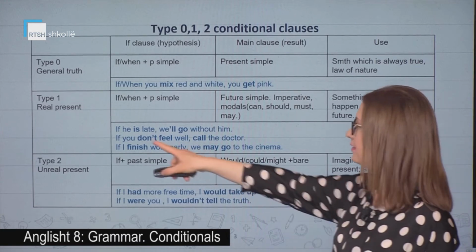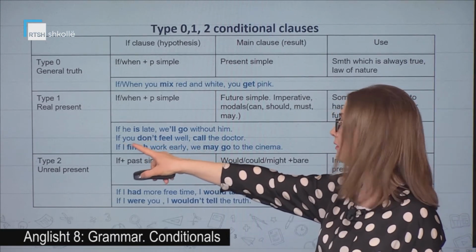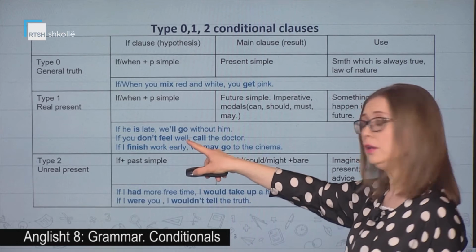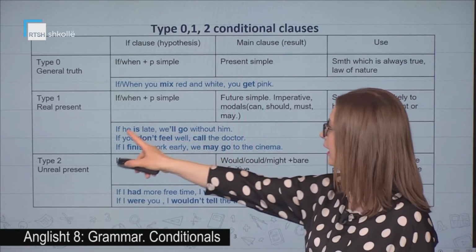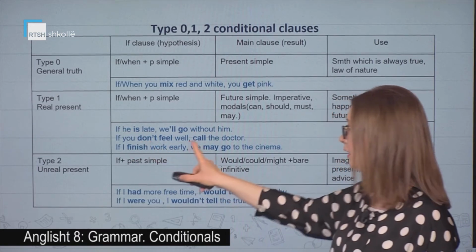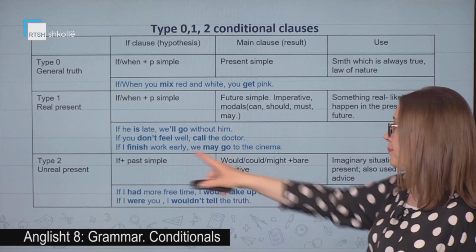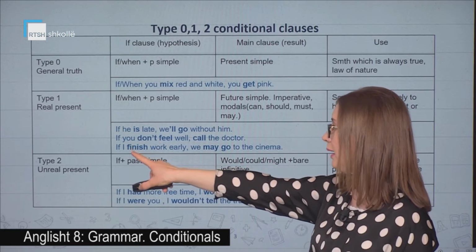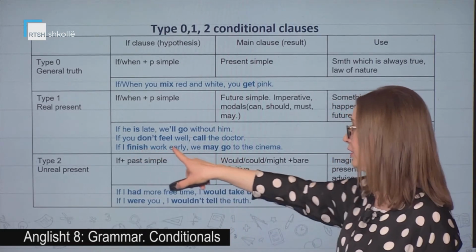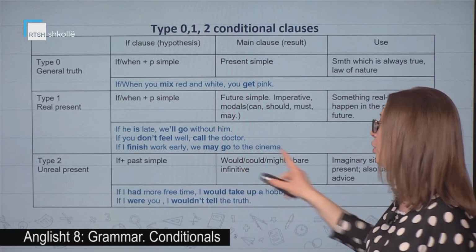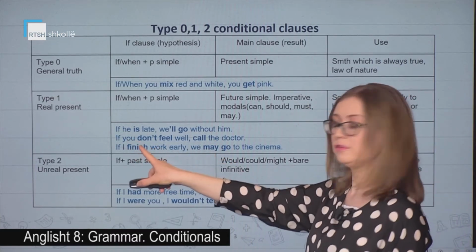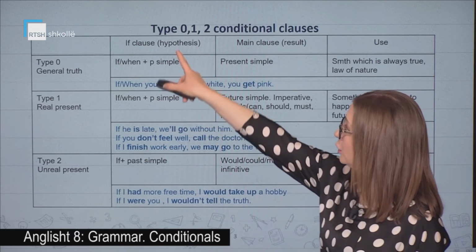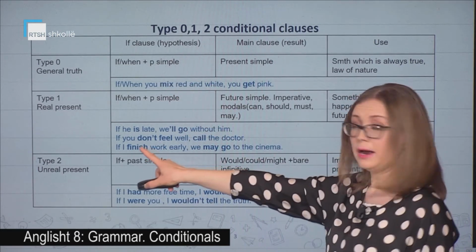Okay, so let's continue. The second sentence, if you don't feel well, call the doctor. In this case, we have don't feel and call. And at the next one, we have, if I finish work early, we may go to the cinema. So we have the first part of the sentence, that is the if clause, the hypothesis.